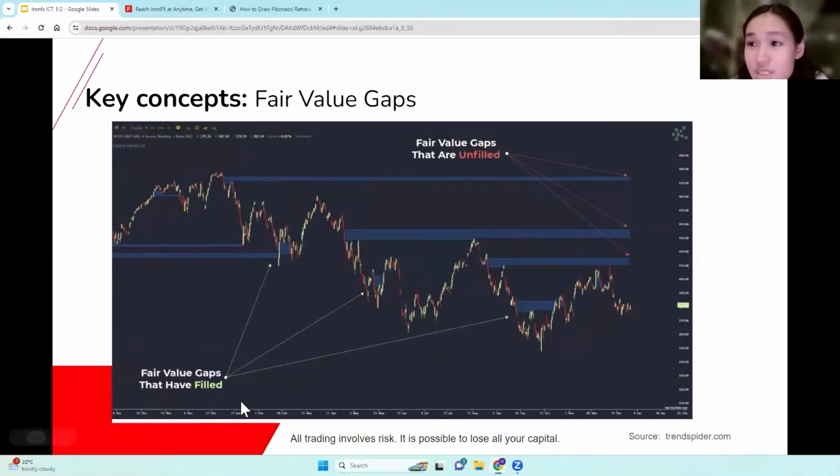We want to take note of the FVGs that have been filled in order to place your stop losses and take profit levels according to those levels. I'll show you on TradingView, there is an indicator that helps you find FVGs. It's probably the easiest way to spot those, but I'll show you in a little bit.